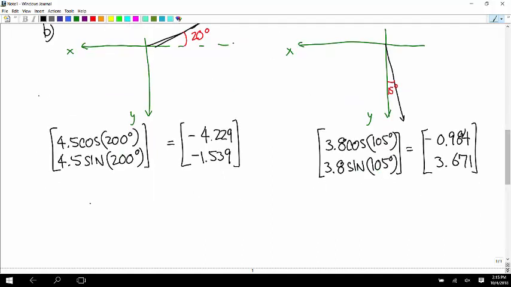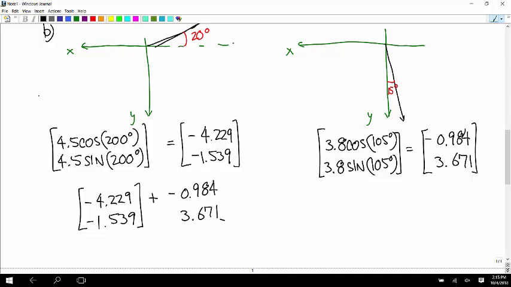And then adding those, negative 4.229, negative 1.539, plus negative 0.984, positive 3.671.